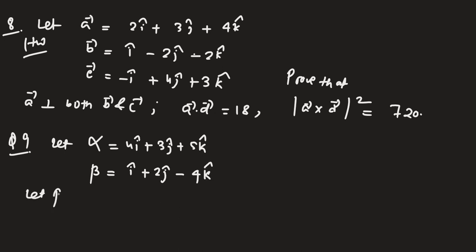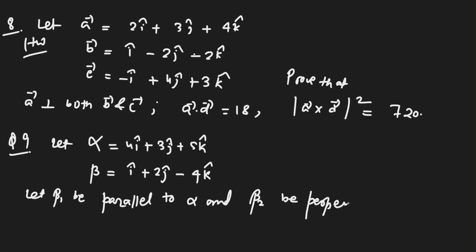Let beta 1 be parallel to alpha and beta 2 be perpendicular to alpha.